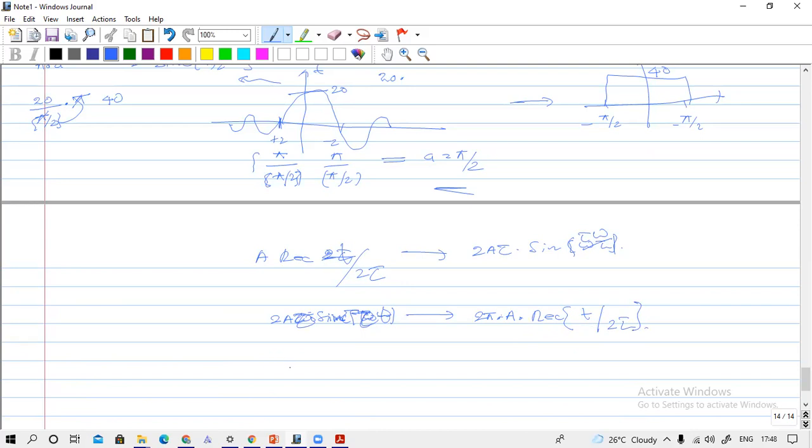Now we have 20 sinc 5 by 2 t. If you map it to this, 2A tau is there, but in this form you don't have 2 tau, so you have to divide this by 2 tau, and this side also by 2 tau.